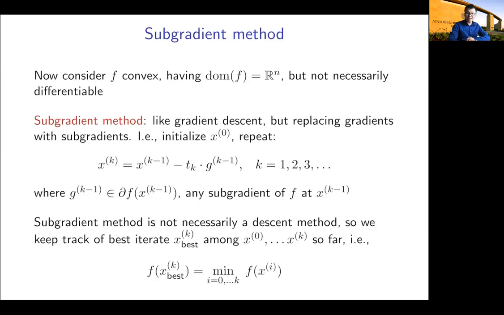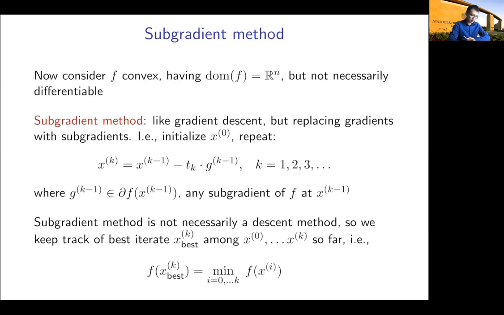Much like gradient descent, where you're moving towards a negative gradient direction, in the subgradient method you can also just start with any initialization and move towards the direction of any subgradient at your current iterate. Provided that you choose the step sizes appropriately, this algorithm is always going to get you down slope, and you'll always be able to minimize the objective function as k goes to infinity.